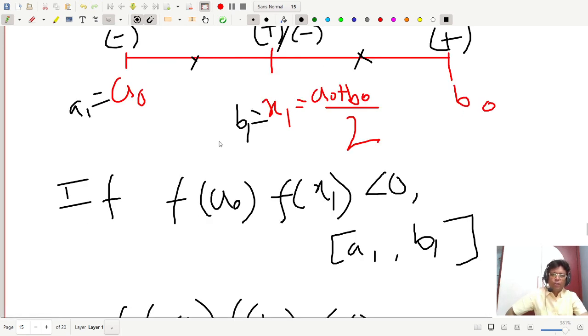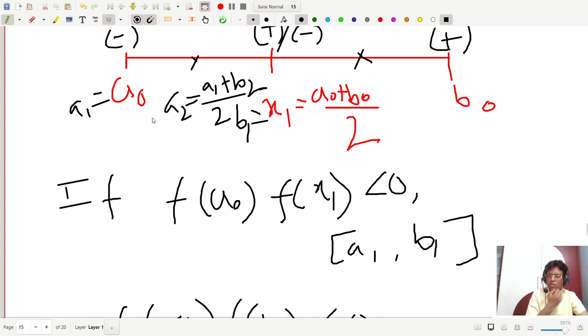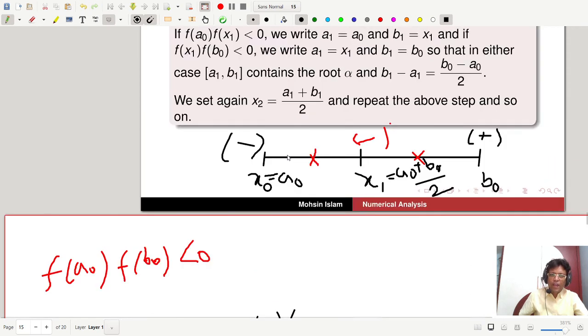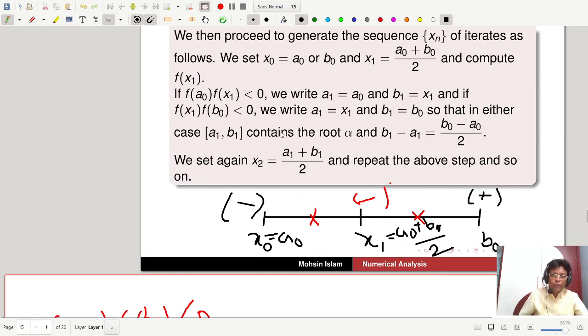Again, suppose this interval contains a root. Again, you have to take a2 equal to (a1 plus b1) by 2 and do the same process. Repeat the process. So look at that, your interval gets decreased. So this way you have to compute the interval and go on.